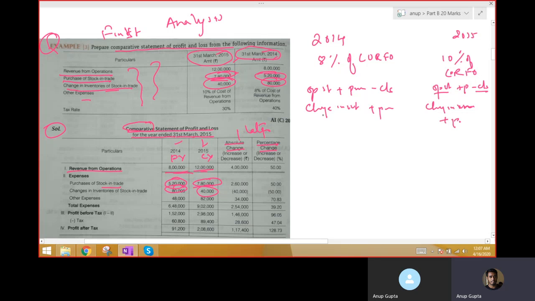So changes in inventory for 2014 is 80,000 plus purchase is 5,20,000, and changes in inventory for 2015 is 40,000 plus purchase is 7,80,000.